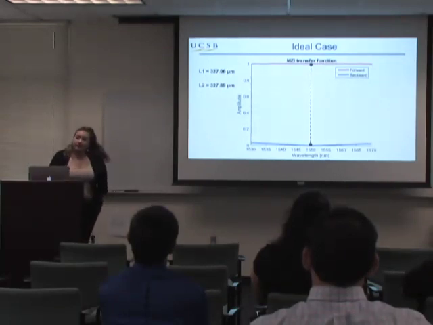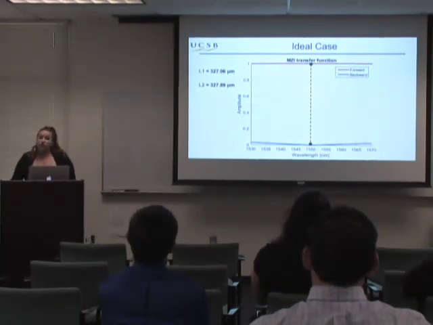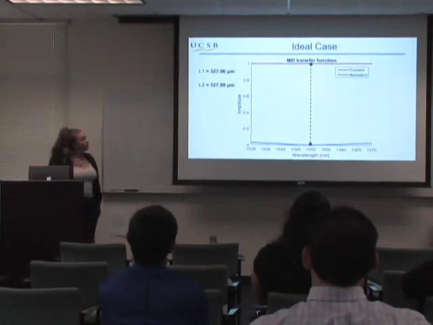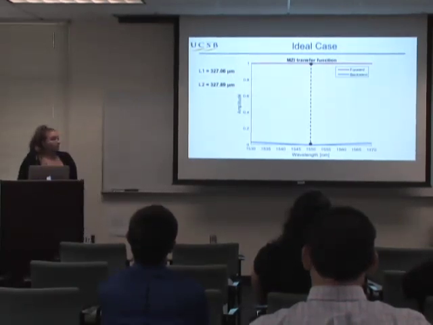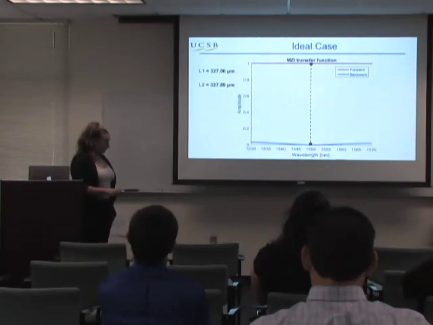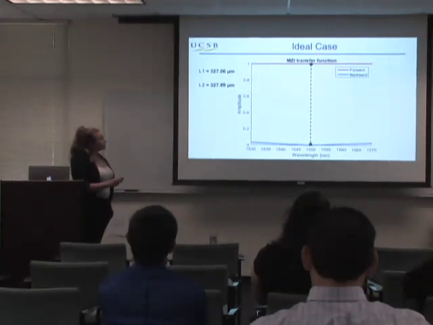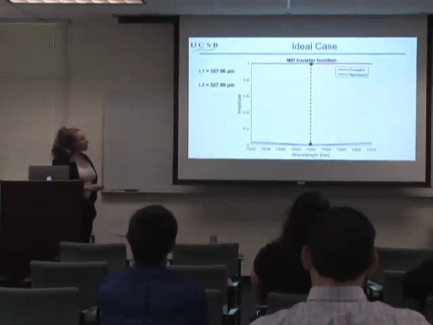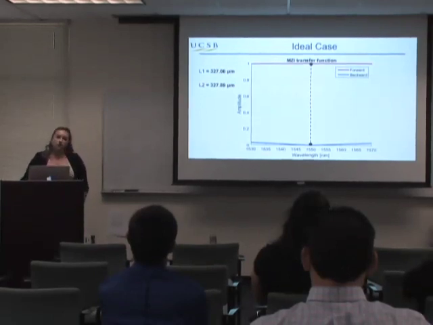First, we look at an ideal case, where everything is fabricated correctly, and we find that the length of the 2 waveguide arms, L1 and L2, should be about 327 microns. In this case, at 1550 nanometers, we find that there is full transmission of the amplitude in the forwards direction, and 0 transmission in the backwards direction, thereby stopping the back reflections.